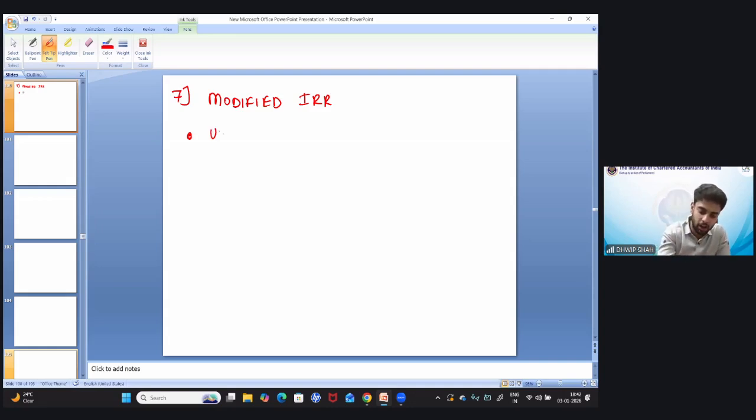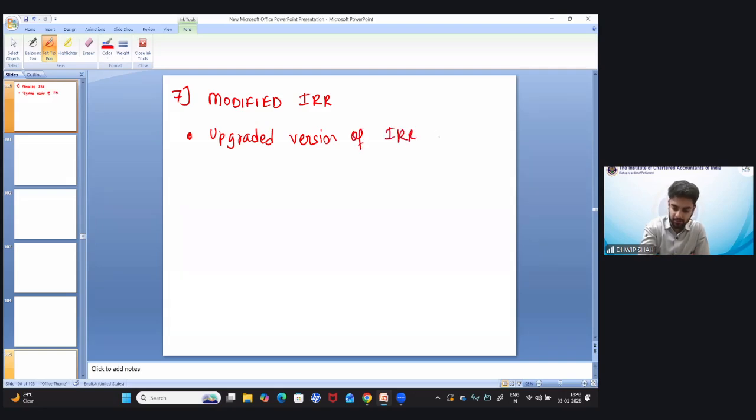It is the upgraded version of IRR, and it tries to resolve the key drawbacks of IRR.